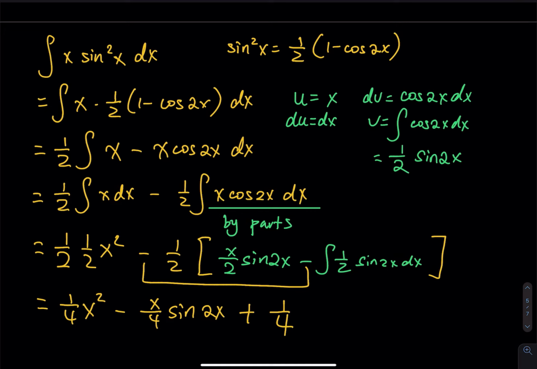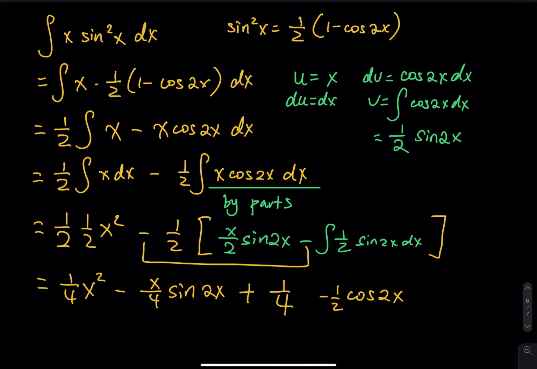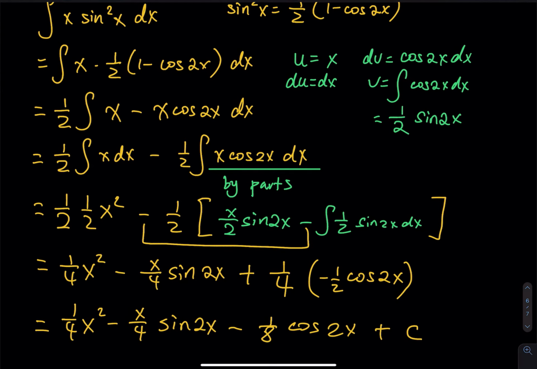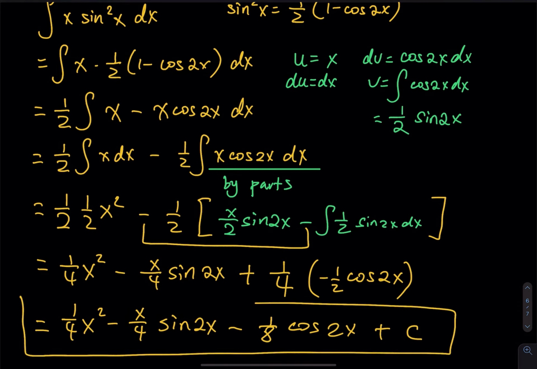So that will be a cosine 2x, and there is a negative 1/2 in front of it. So the negative 1/2 and the 1/4 give me a 1/8. So 1 over 4 x squared minus x over 4 sine of 2x minus 1 over 8 cosine of 2x plus C. So this is the answer to the second integral.